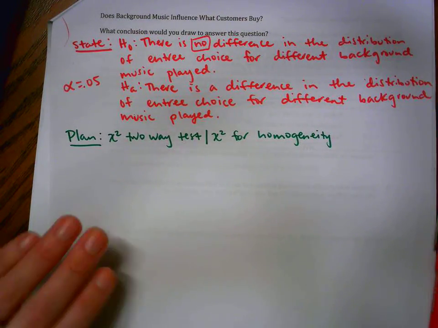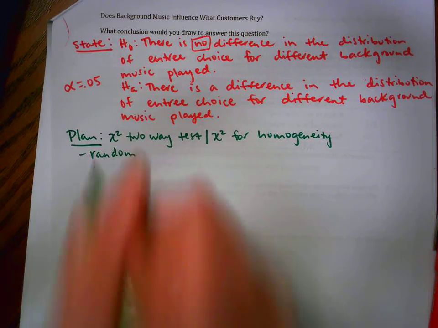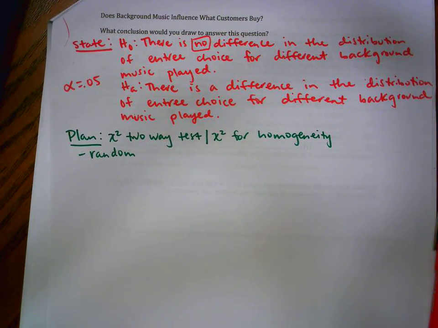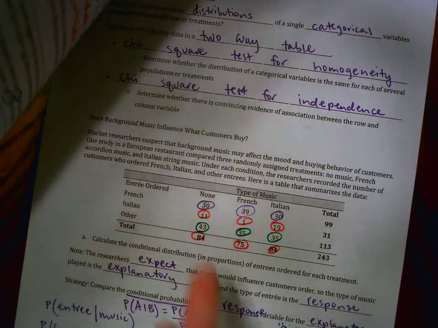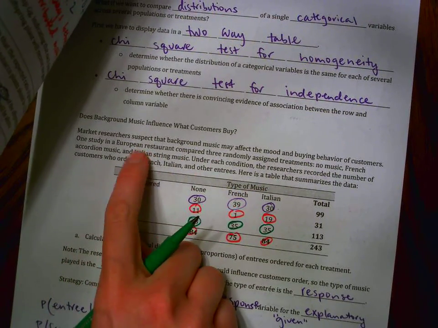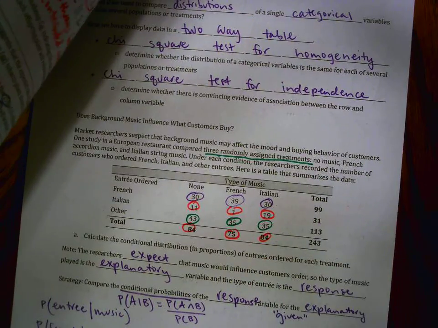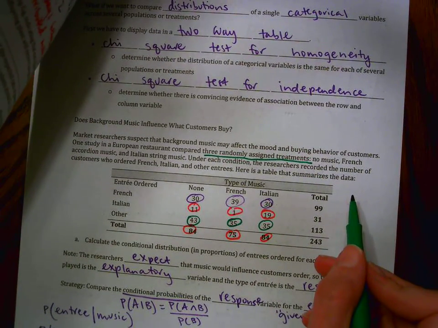Okay, so we need, first condition is random. So what was random? If we go back to the problem, the researchers recorded, European restaurant compared 3 randomly assigned treatments, the music, French music, and Italian music.